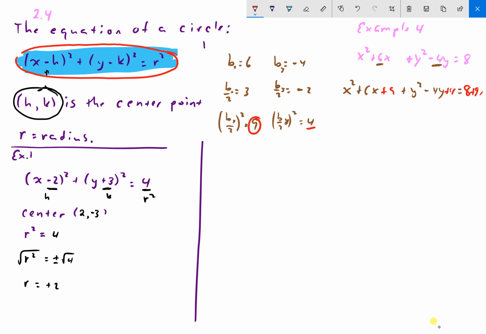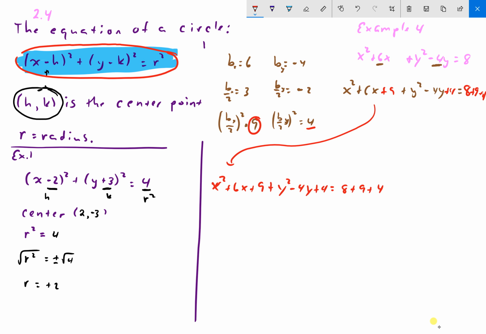And the reason why is the same reason as what we did in completing the square. And I'm running out of room, so I am going to rewrite that here. So it says x squared plus 6x plus 9, plus y squared minus 4y plus 4 equals 8 plus 9 plus 4.